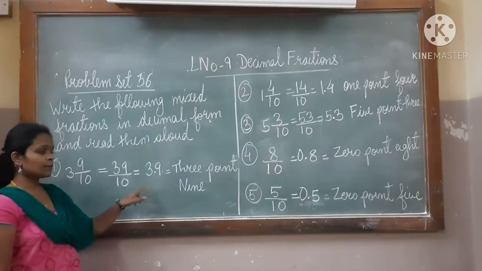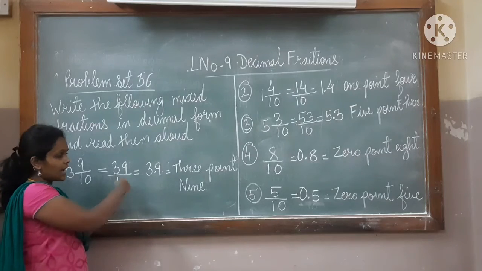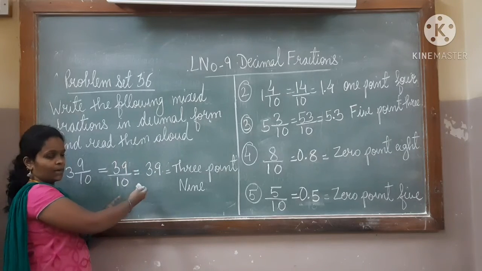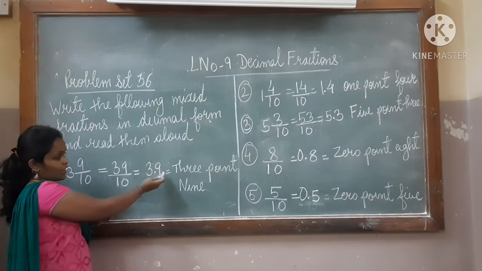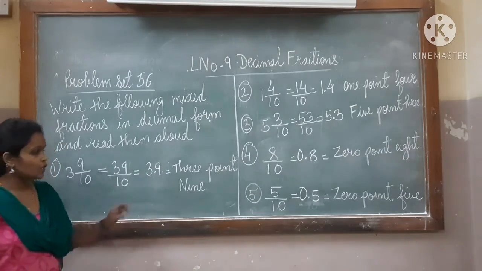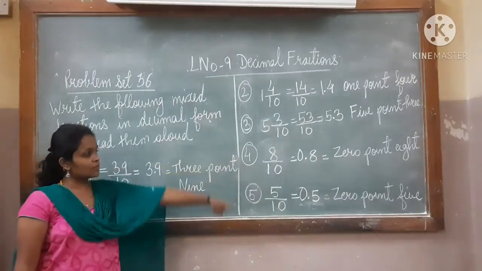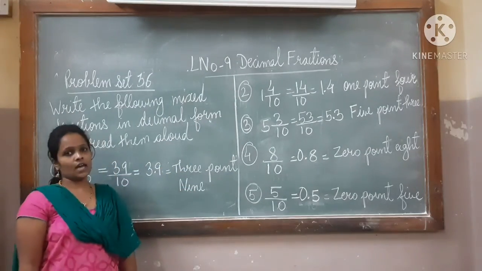Then you will put the decimal point after only one number, because only 1 zero is down. Starting from the unit place. If I write 39, you have to say unit place and put the decimal point, only 1 zero. And I will read as 3.9. So remaining sums are same. Now let us start with the next.